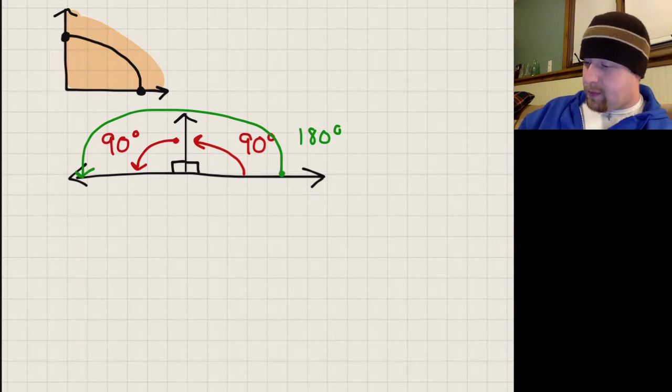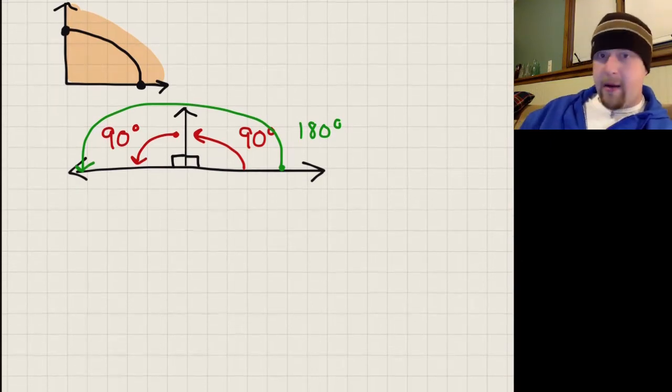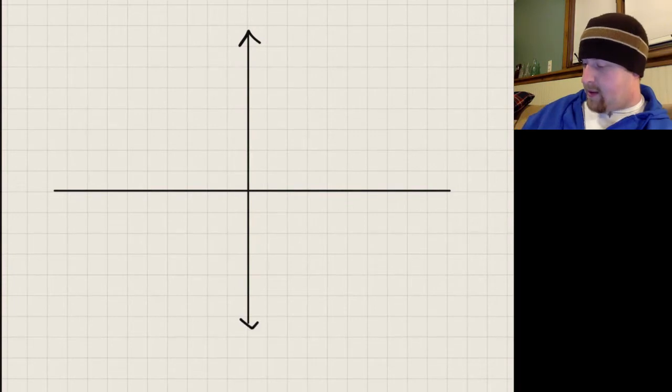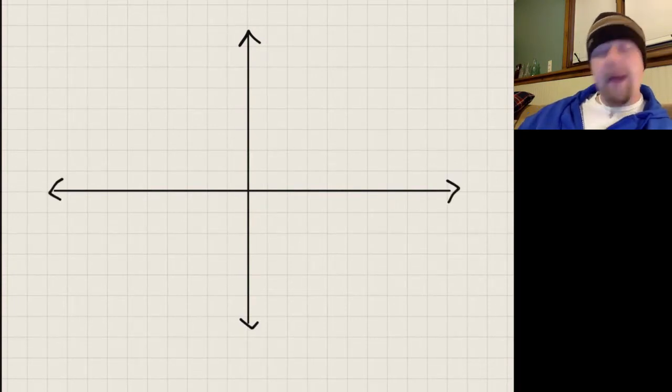Let's draw another diagram here. If I have two intersecting lines, and they're lines, so I'm going to put arrows on the ends, I currently have 4 rays.